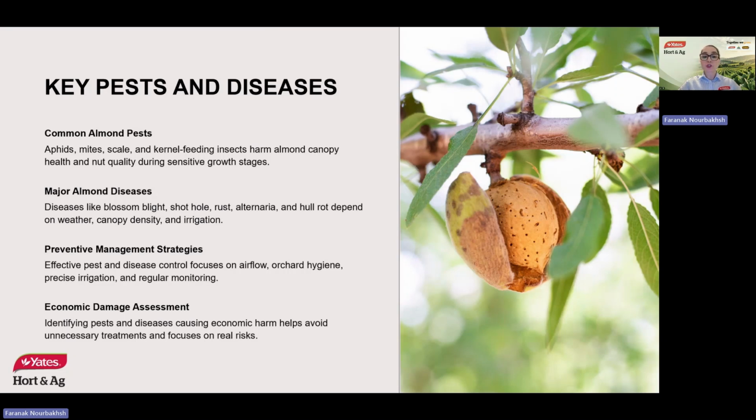Effective pest and disease control focuses on airflow, orchard hygiene, precise irrigation, and regular monitoring. It's very important to assess the economic damage before making any decision about chemical application. If we have this assessment in place, we will avoid any unnecessary treatment and we will focus on real risks.